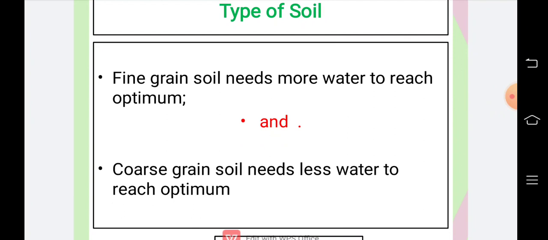Fine grained soil means soil having diameter less than 75 micron, which consists of black cotton soil and silt, or we can call it cohesive soil. And coarse grained soil means having diameter greater than 75 micron, which consists of gravel and sand.